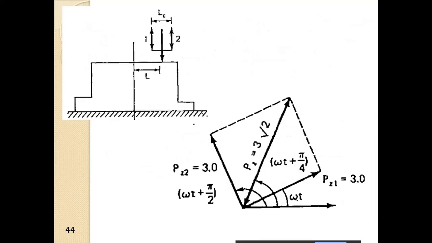Apart from that, we have to find out what is the moment. Of course, there is another point which we need to look into thoroughly, that is the eccentricity and the application of the load during the operation of the machine.